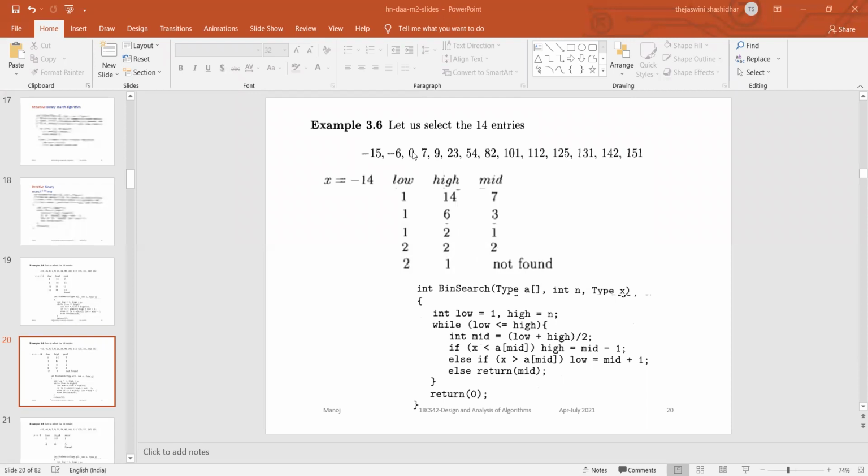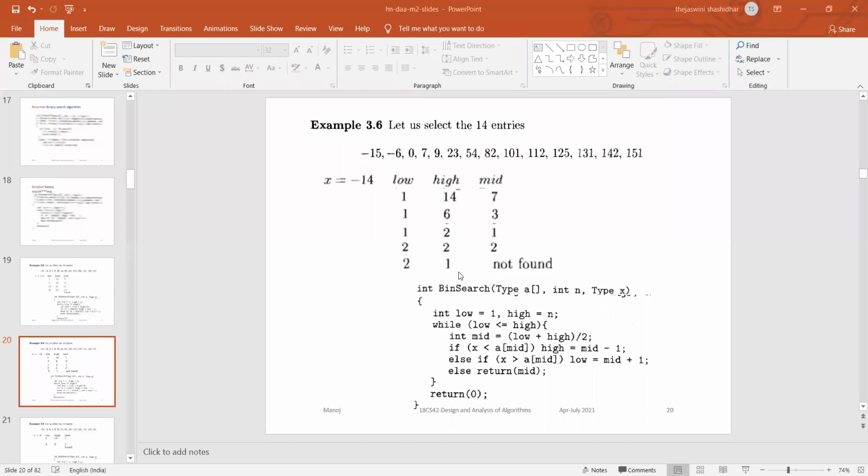So again you are getting 0. Minus 14 is less than 0. Now you make high is equal to mid minus 1. The middle element is 2, so mid minus 1 is 1. So now low is equal to 2, high is equal to 1.